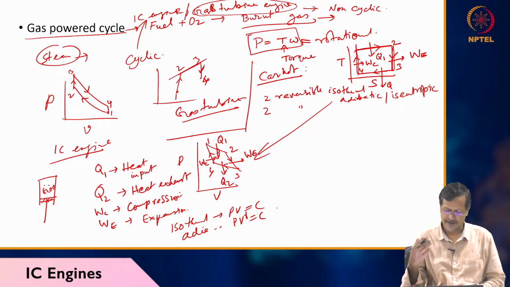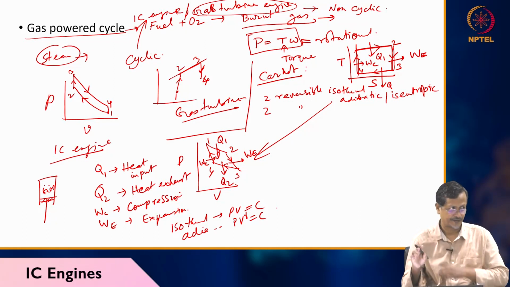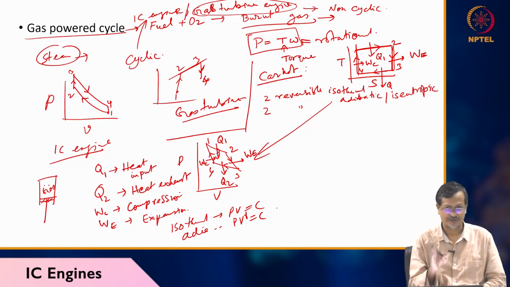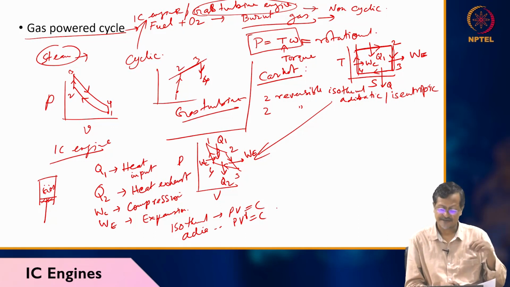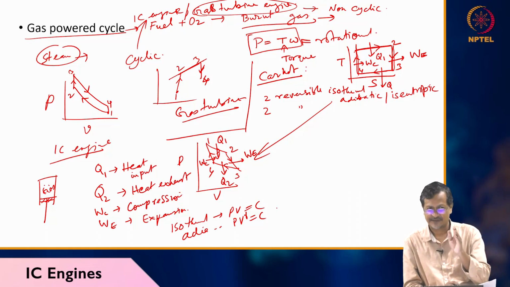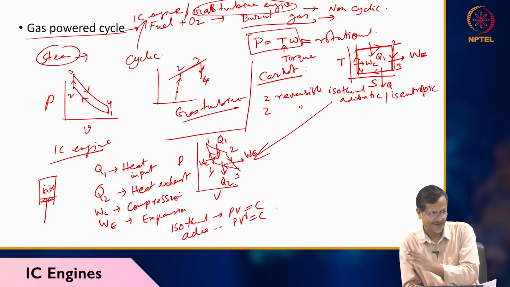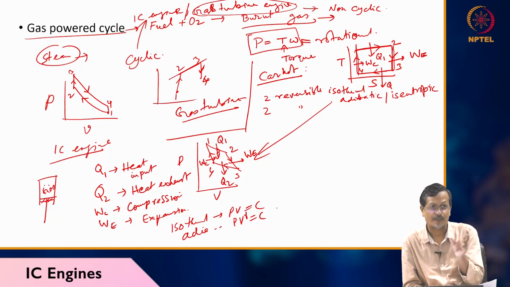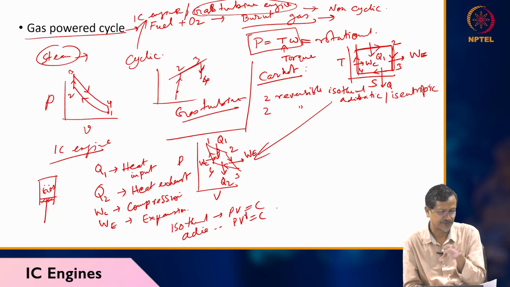But if you are thinking about adiabatic process, PV to the power gamma would be there and the system should be fast, so heat transfer should not occur. But in certain cases, which we will discuss later, if heat transfer is occurring, then we say polytropic process. So it is not isothermal, not adiabatic, something in between is happening, then we say polytropic. Normally for IC engine, internal combustion engine discussion, we do not consider this as a polytropic process.